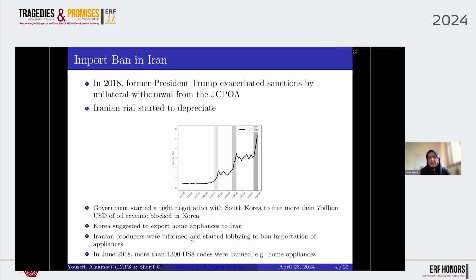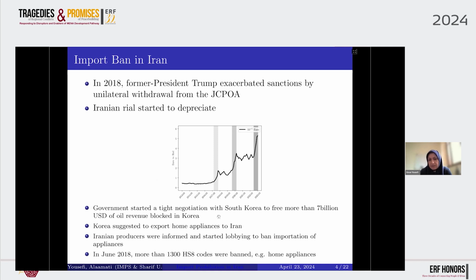But in recent years, specifically after 2018, when former President Trump unilaterally withdrew from the Joint Comprehensive Plan of Action and exacerbated sanctions over Iran, the country faced a very considerable currency crisis, and the Iranian rial started to depreciate. The Iranian administration wanted to unfreeze some of the money that was locked in South Korea due to sanctions.